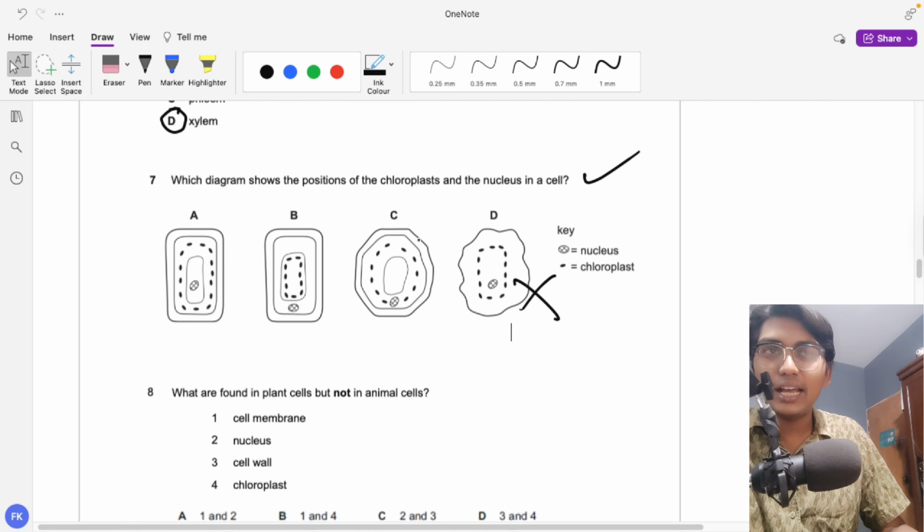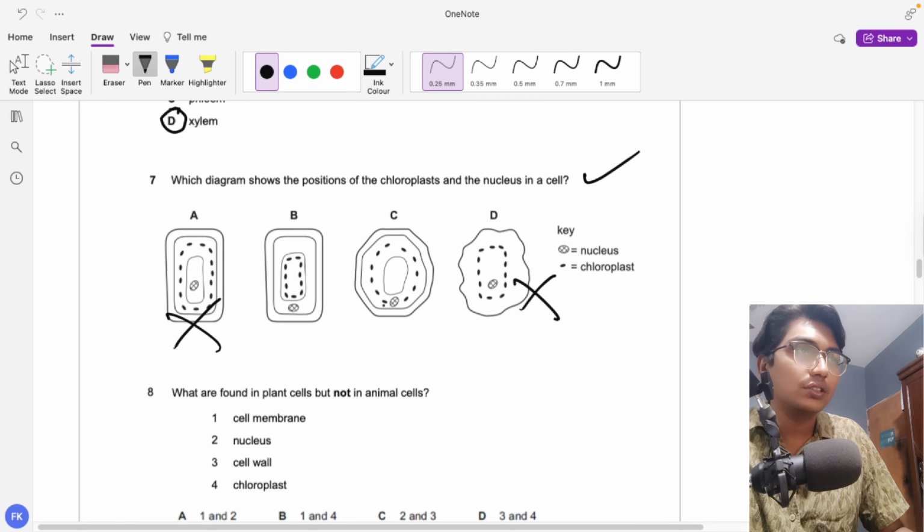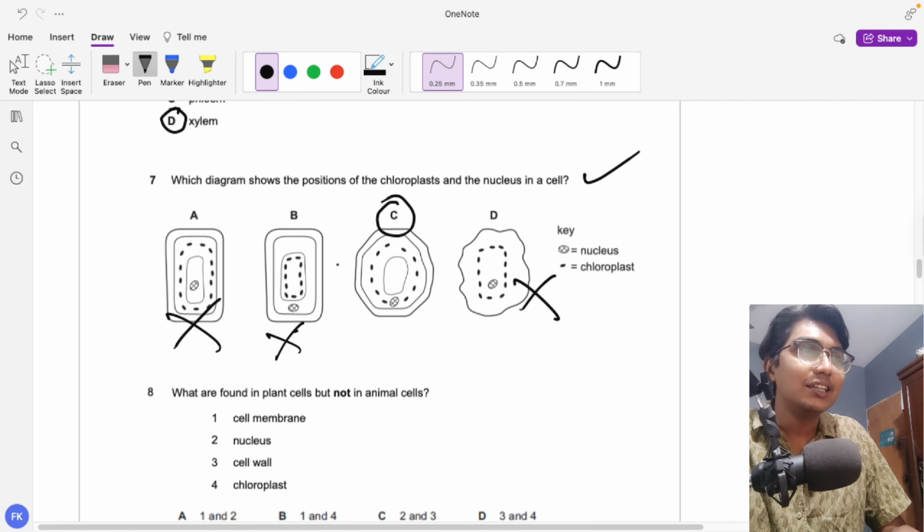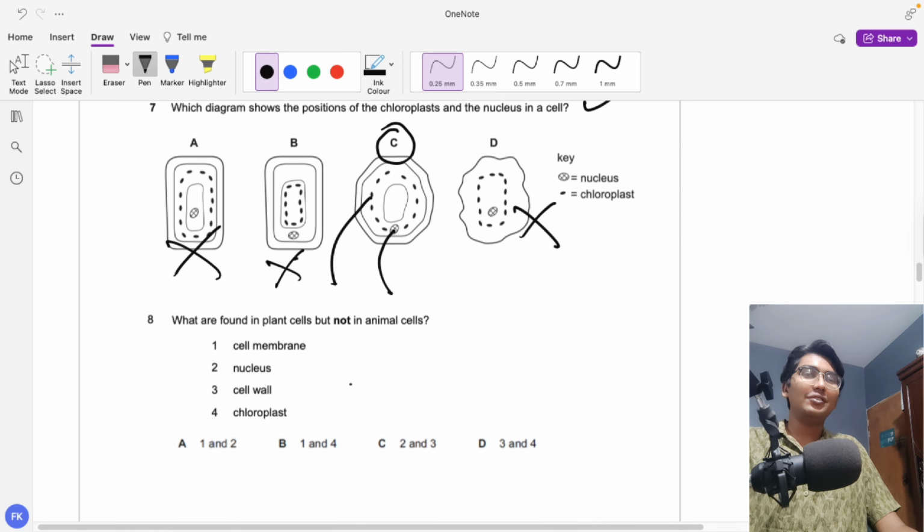A, B, C have cell walls, but you can see over here the nucleus is inside the vacuole, which is not true. Over here you can see the chloroplast is inside the vacuole. Chloroplasts are never inside the vacuole. The option should be C. Nucleus is present outside of the vacuole, chloroplast is present outside of the vacuole, right?